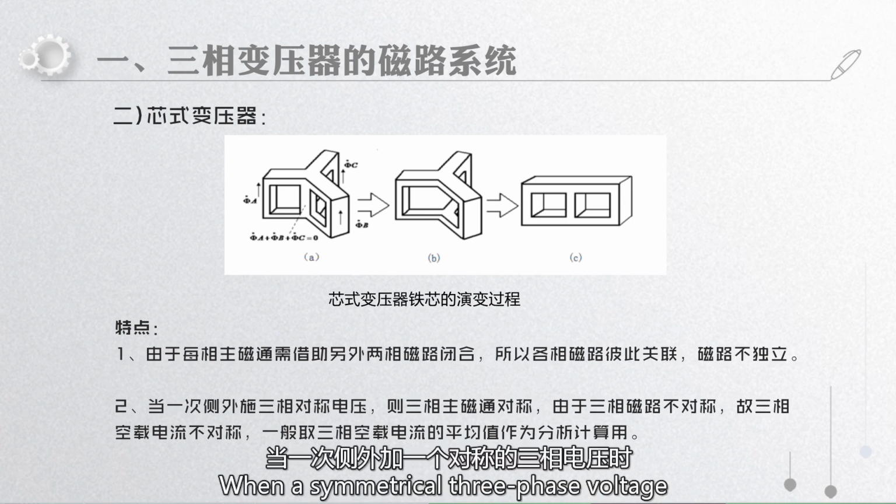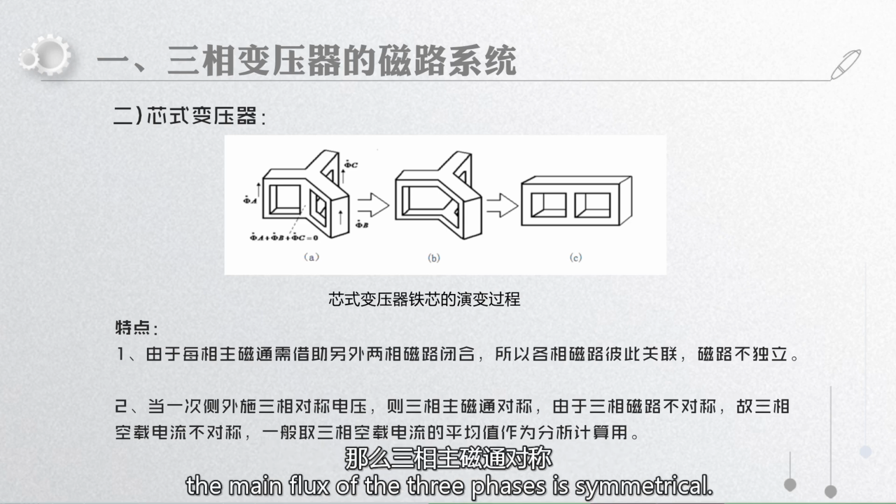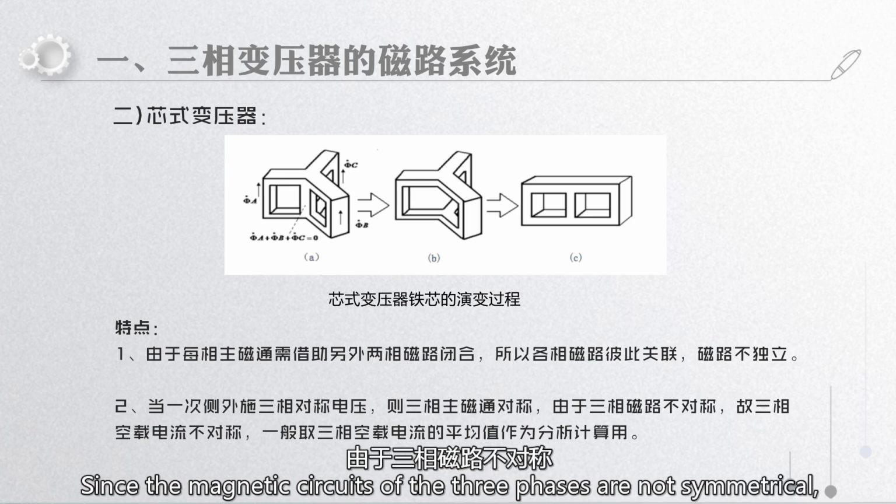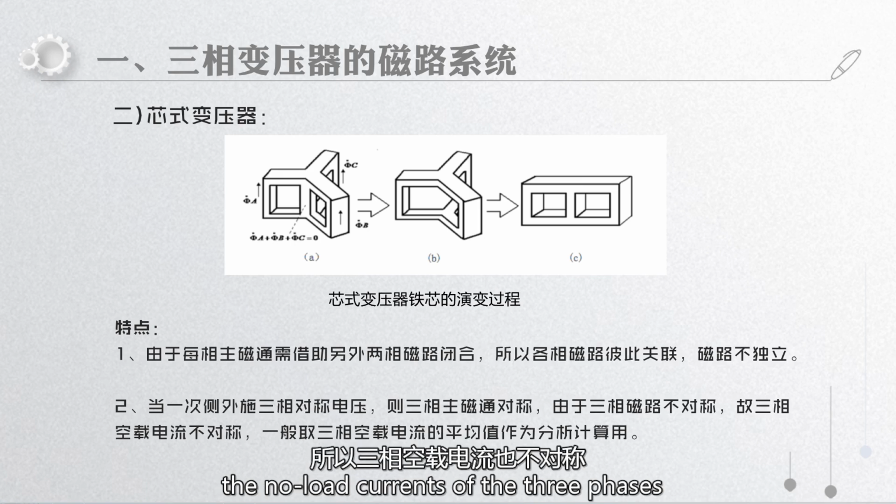2. When a symmetrical three-phase voltage is applied to the primary side, the main flux of the three phases is symmetrical. Since the magnetic circuits of the three phases are not symmetrical, the no-load currents of the three phases are also not symmetrical.